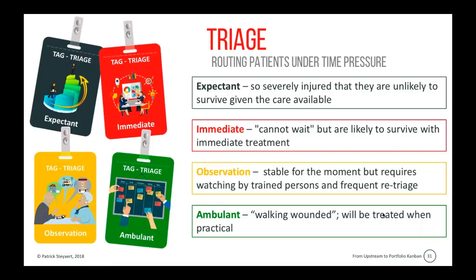So a typical triage system would make a distinction between expectant patients. Expectant patients are patients that are so severely injured that, given our available resources, they are unlikely to survive. Immediate patients cannot wait, but are likely to survive if we treat them immediately. And then an important distinction, the distinction between observation and ambulant patients.